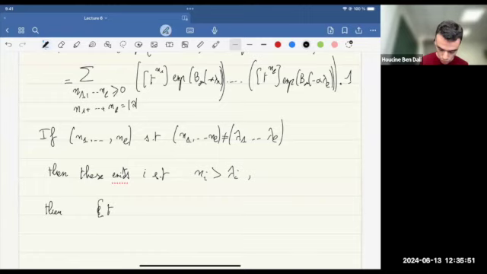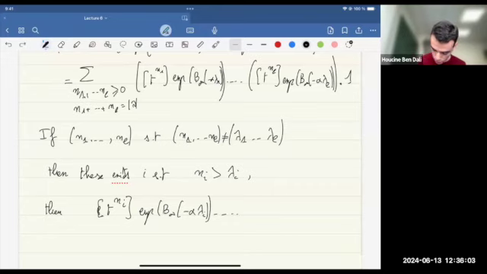when we take the coefficient of t to the power n_i in the exponential of b infinity in minus alpha lambda_i, and then we continue until n_l, applied to 1, this is 0.